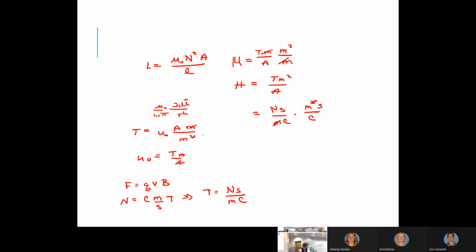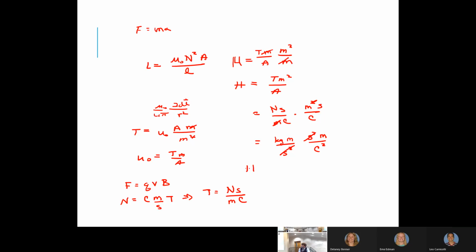Okay, units of Newton. A Newton, a force, is equal to MA. So a Newton is a kilogram meter per second squared. And then I've got a second squared times a meter over a Coulomb squared. Oh, goody, the seconds cancel out.